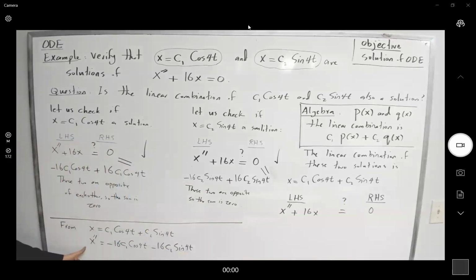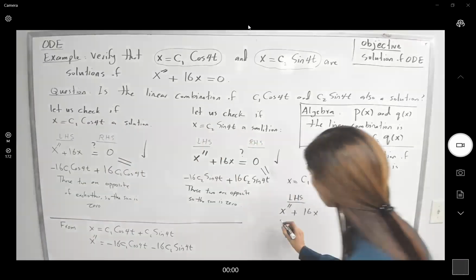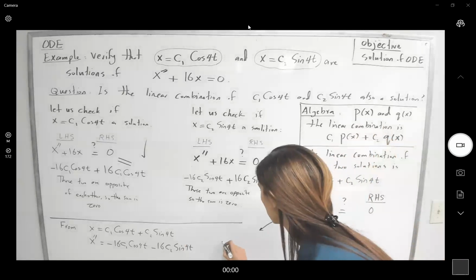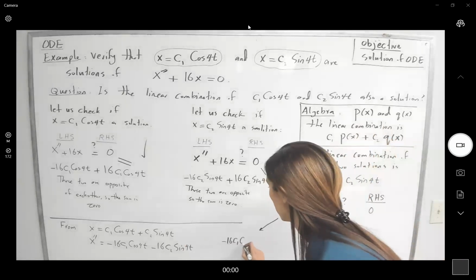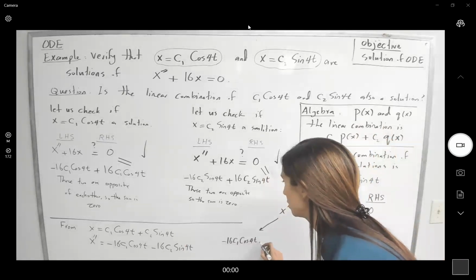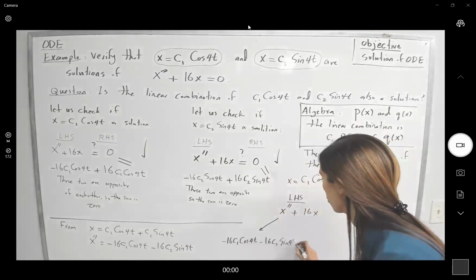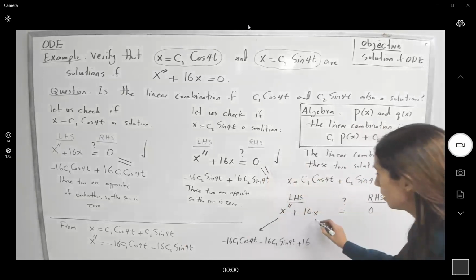So this is the second derivative. We found the second derivative. The second derivative is just negative 16 C1 cosine 4t minus 16 C2 sine 4t plus 16x.